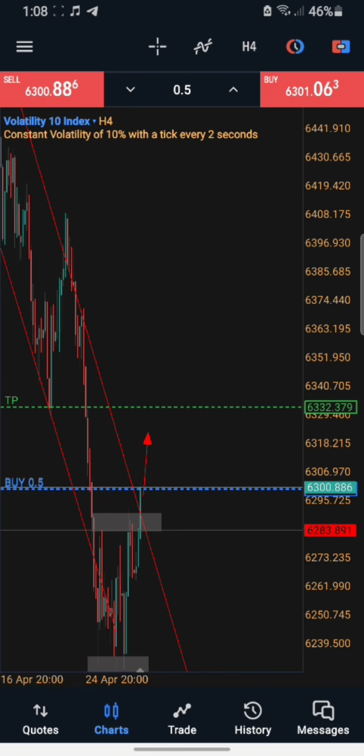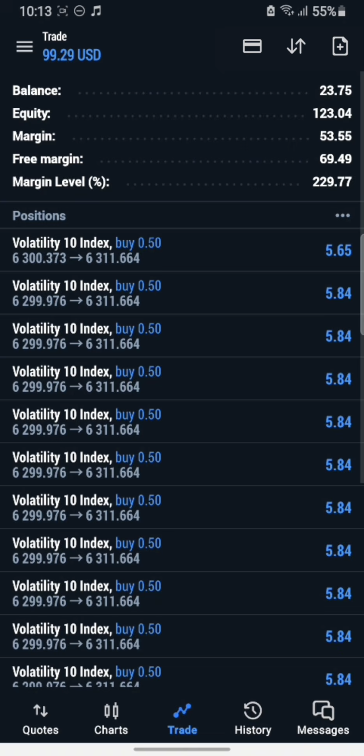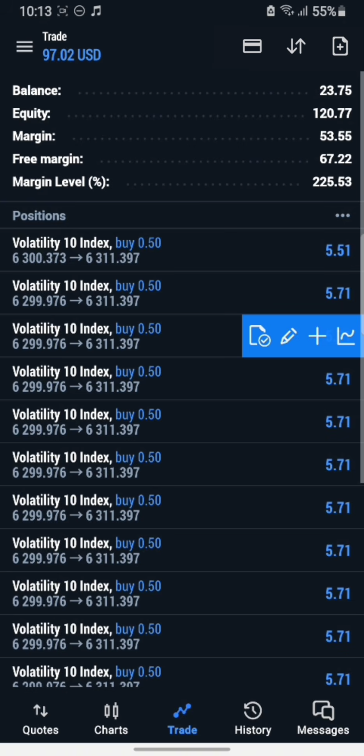And then TP, we always adjust this to the area of resistance or the area of influence that was formed earlier on. This is very important so that you don't lose your money.